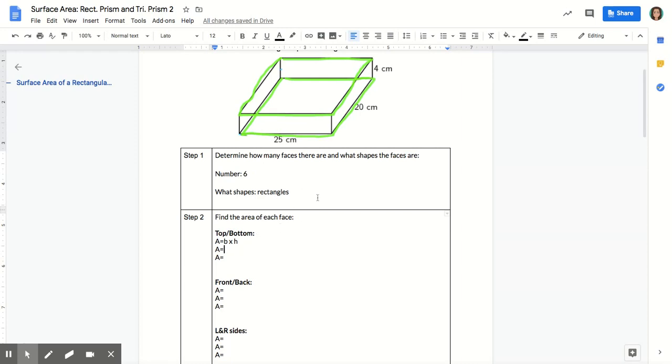So we say 25 times 20. When we put 25 times 20 in our calculator, we get 500. Now, that's just the area of the bottom. But the area of the top is the same. So what this is really saying is that the top area equals 500 and the bottom area equals 500.